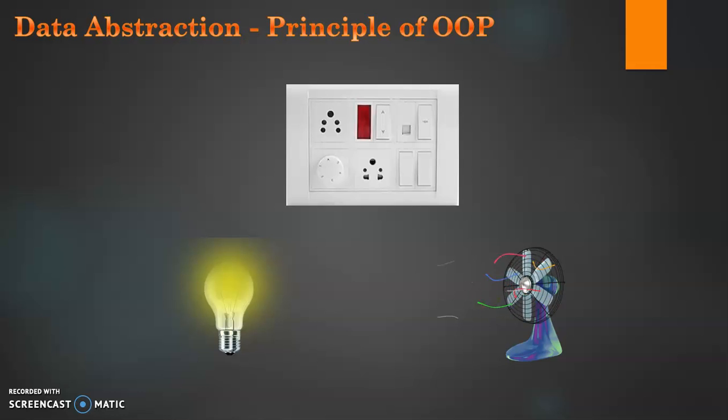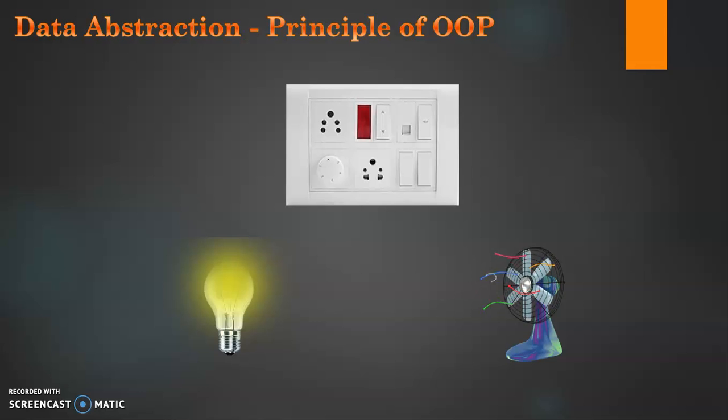This act of representing the essential features only to the outside world without knowing the background details is called data abstraction. For example, a program can make a call to the sqrt function to calculate the square root of a number without knowing the algorithm of the function.